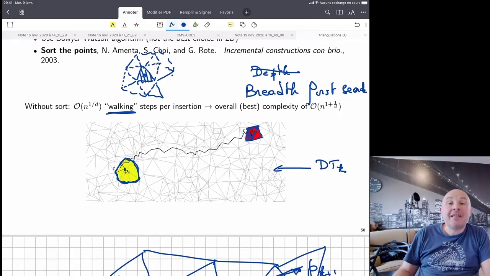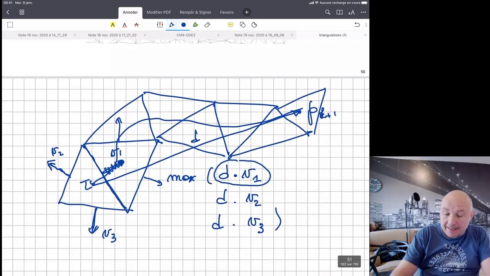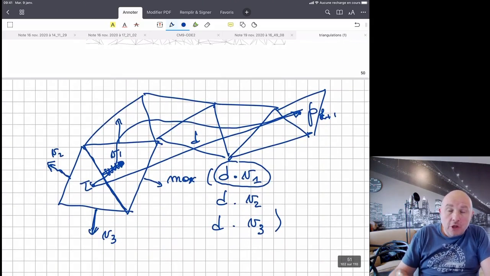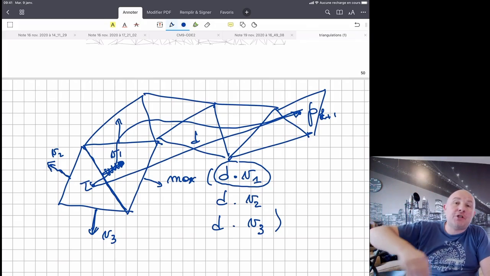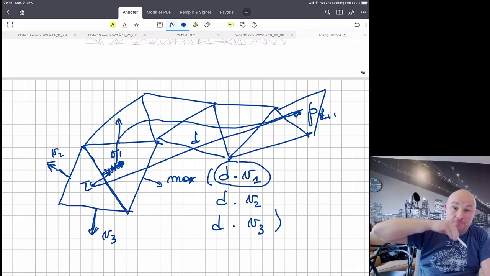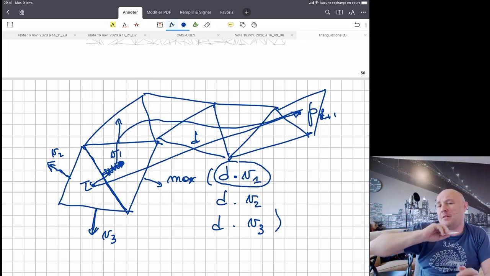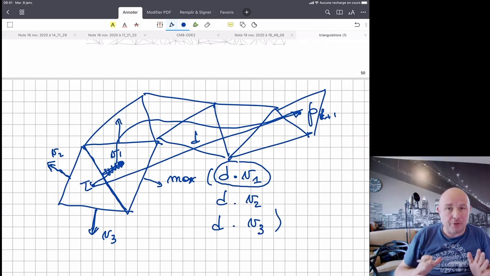What can be proven again, if it's a Delaunay triangulation, then Delaunay triangulations are said to be acyclic. It means that doing that walk, you could never go back to your initial point and do cycles. So it looks strange that things like that could happen, but it could.